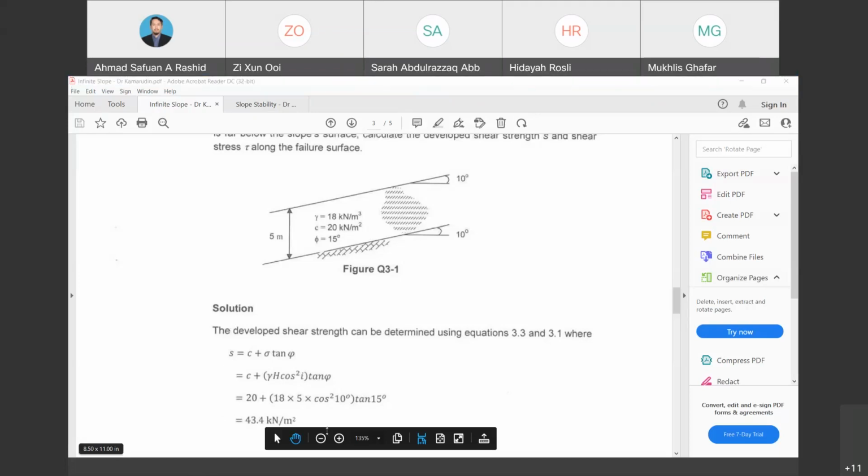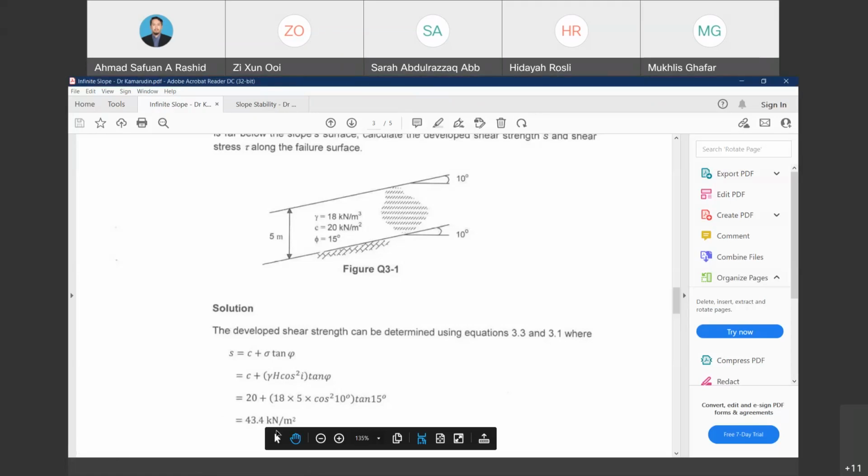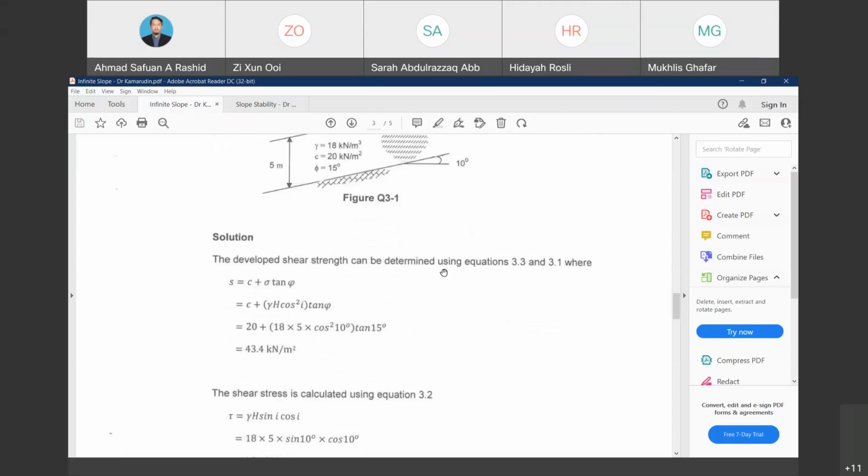Then the other one is tangent phi, which is 15, over tangent beta, where beta is equal to 10. So 1.299 plus 1.5 is equal to 2.82.